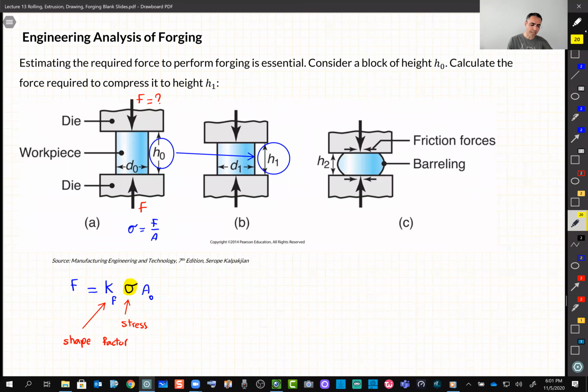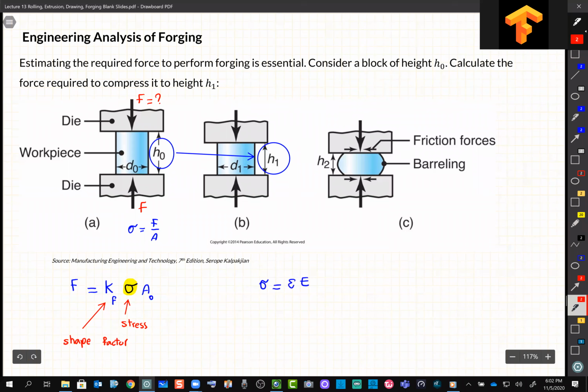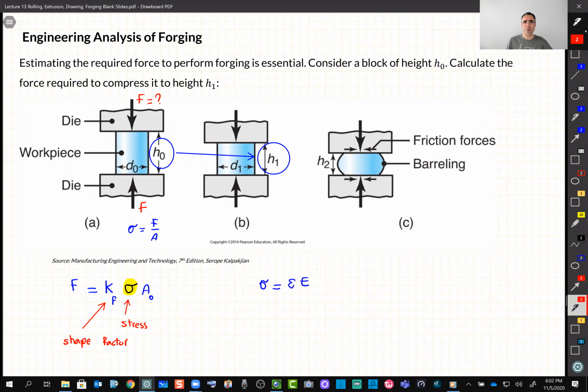Well, in the old days when you had Mech 2 and then later you learned Mech 360, sigma was very easy for you guys. You say sigma is equal to epsilon multiplied by E, and it has a name. You remember the name? Hooke's law, exactly. So that was Hooke's law. We have the epsilon and we have the material's modulus of elasticity, good to go.